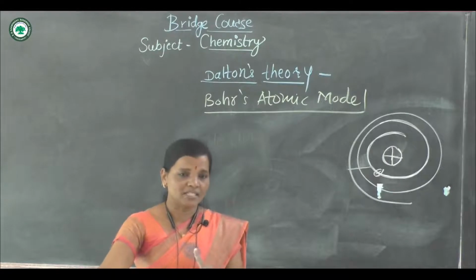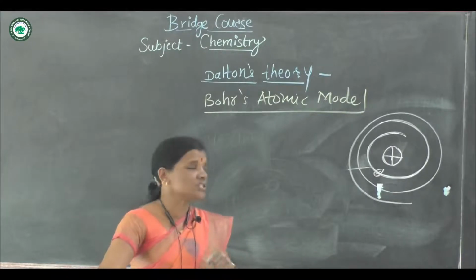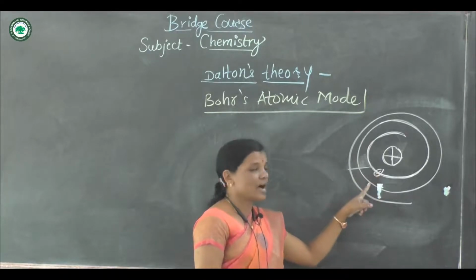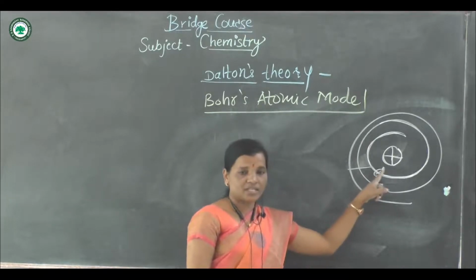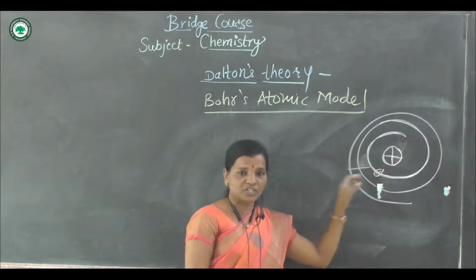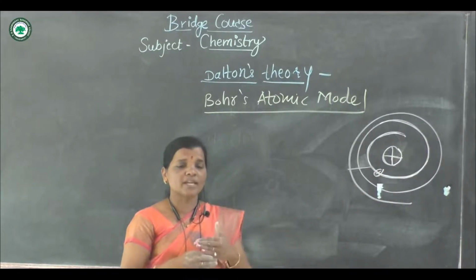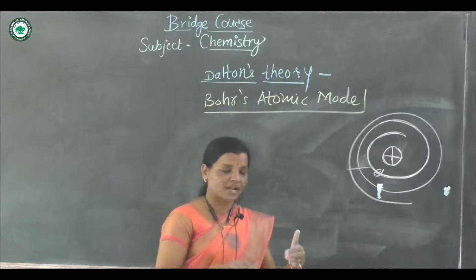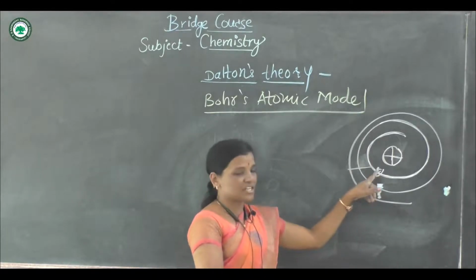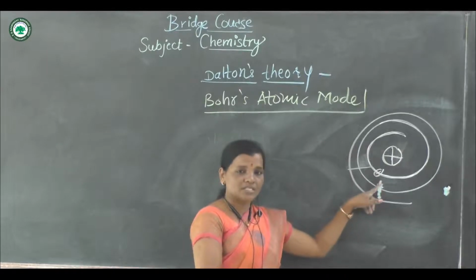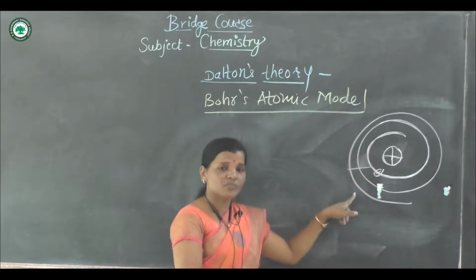And one thing is important: electrons can jump from a lower stationary level to a higher stationary level. They can jump from a lower energy level to a higher energy level. That means electrons can jump from the first orbit to the second orbit, and from the second orbit to the third orbit.